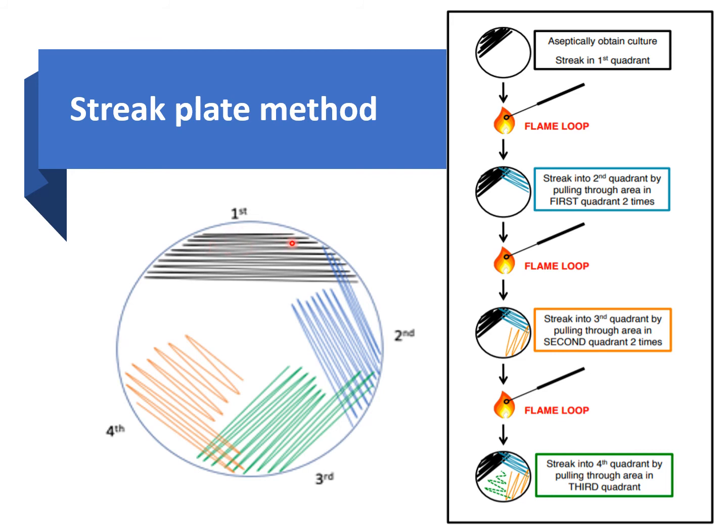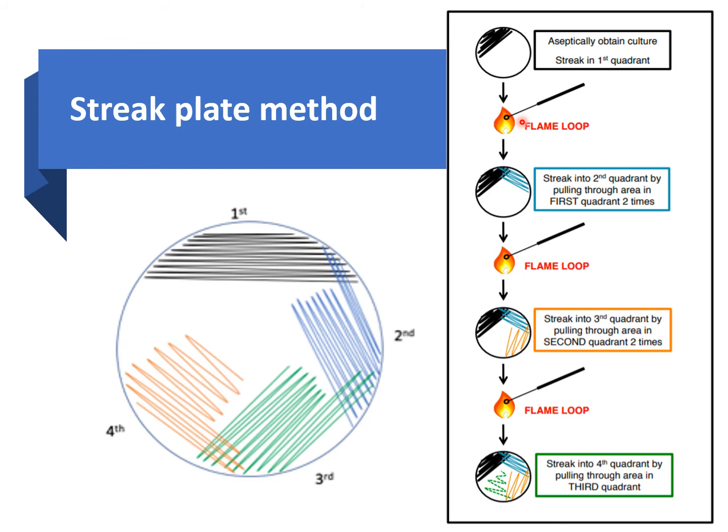After you've made sure that you've streaked that first quadrant really well, you flame your loop one more time until it turns red hot, and then wait just a few seconds.